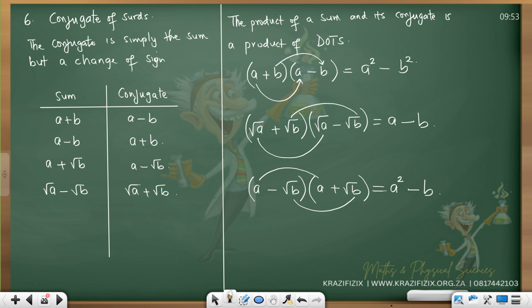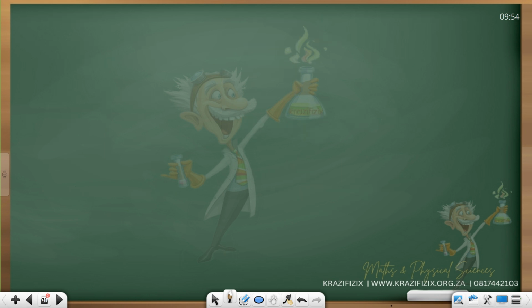Are we done, guys? And I hope it makes sense to us, right? So when we multiply a sum and its conjugate, we use the product of difference of two squares. But why is this necessary? Consider 2 over 3 minus root 2.